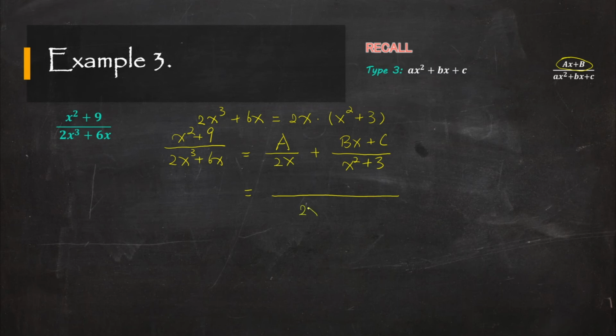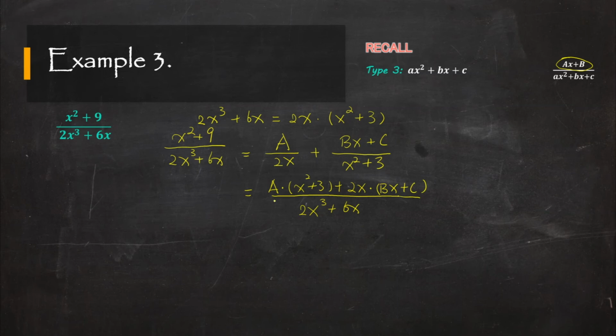And the common denominator is going to be the same as the original one. And then the numerator is going to be a times, so it's cross multiply, so it's x squared plus 3 plus 2x times bx plus c.